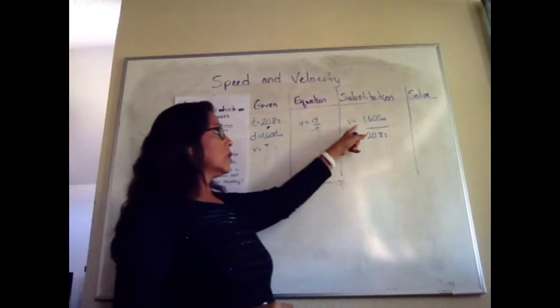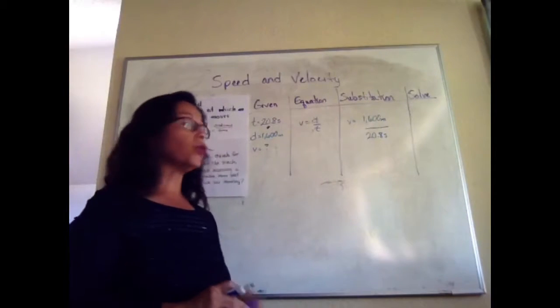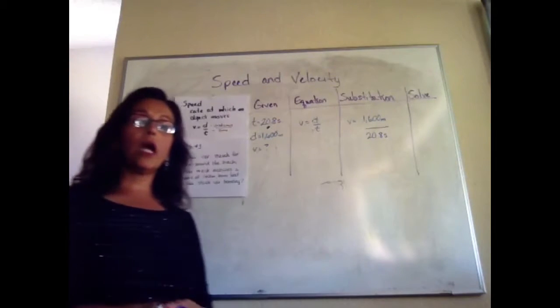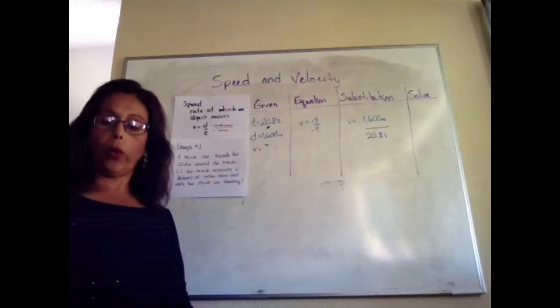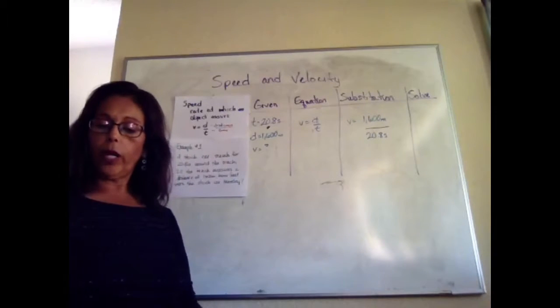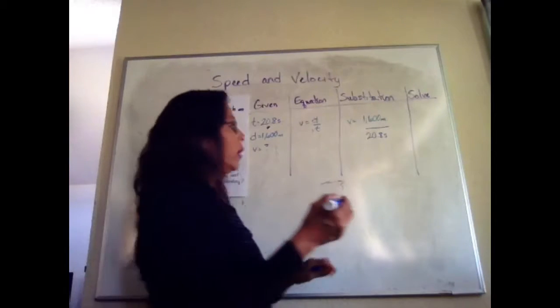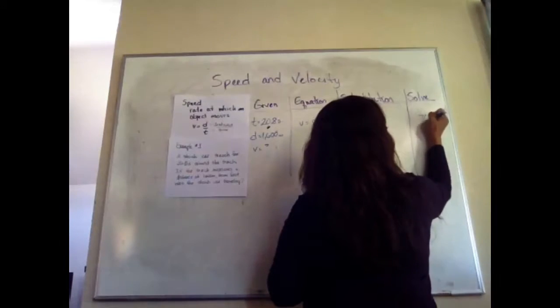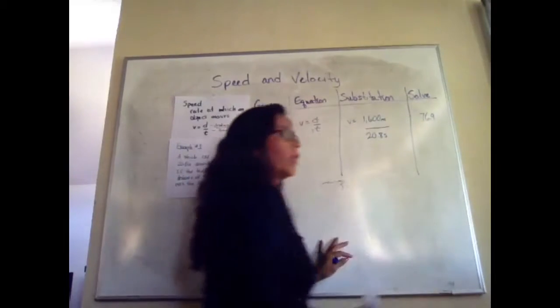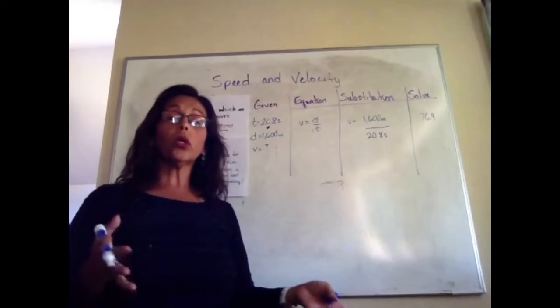So velocity is equal to 1,600 meters divided by that time factor of 20.8. And if we use our calculator, we're going to see that this value is 76.9.